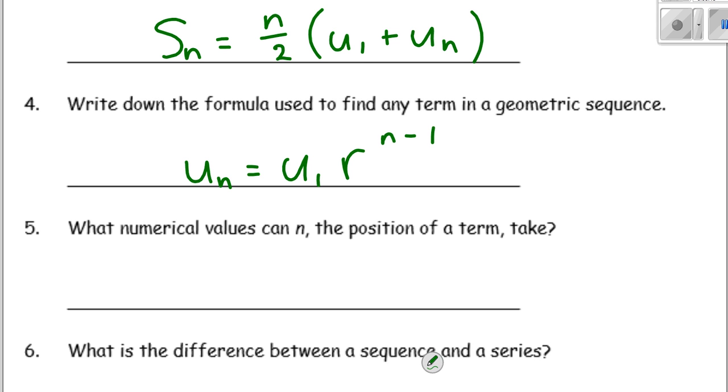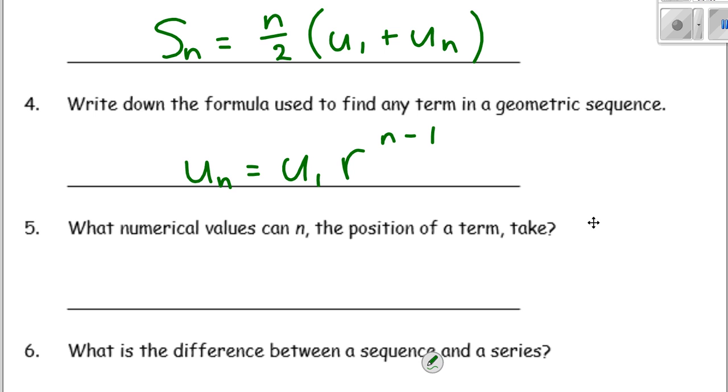What's number 5? What numerical values can n, the position of any term, take? Anything but 0. What number values can n be? That's the position. Can you get a negative 4th term? No. So what do you call them, natural numbers? Yeah, natural numbers, or positive integers.